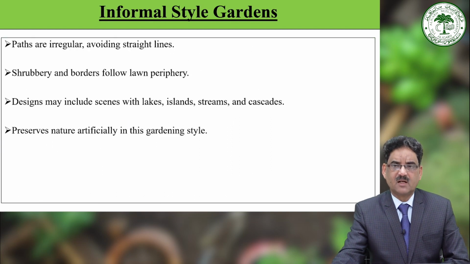Paths in informal gardens deliberately take irregular routes, avoiding straight lines to enhance the natural and relaxed atmosphere. Shrubbery and borders are strategically positioned along the periphery of the lawn, contributing to the garden's informal and organic feel.